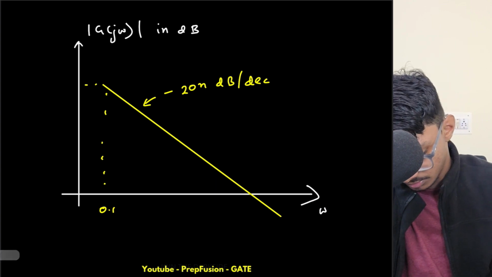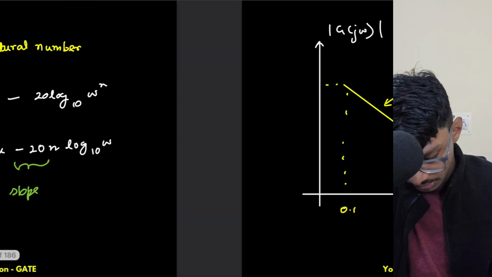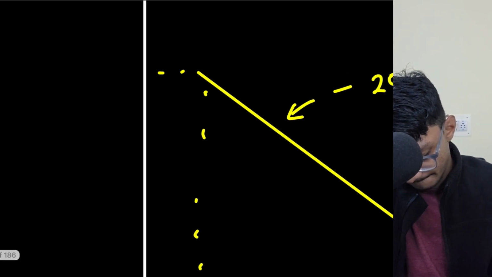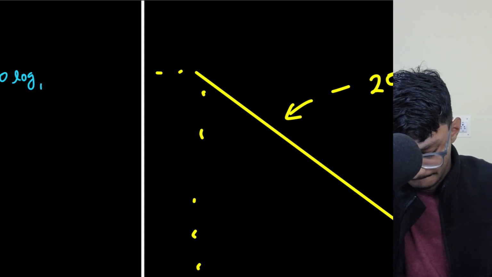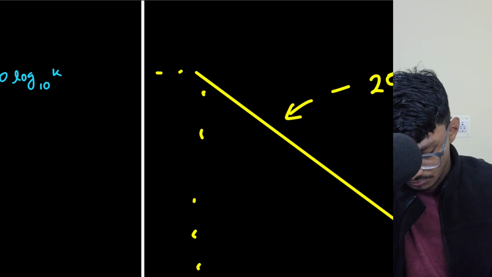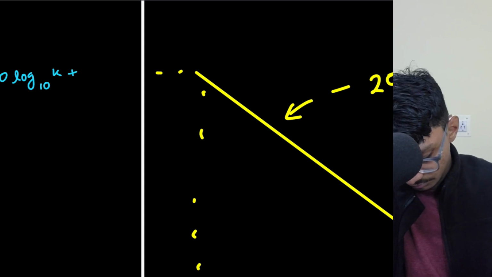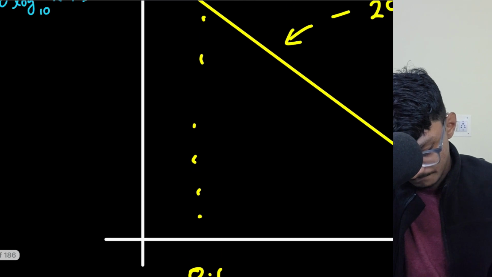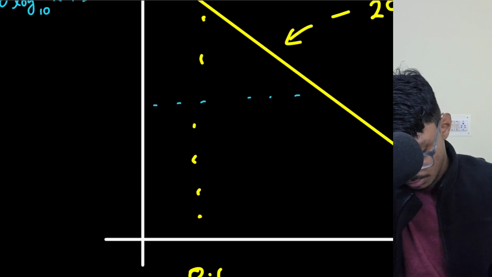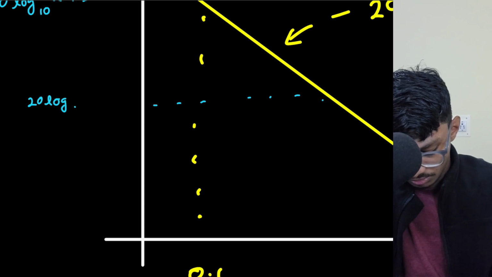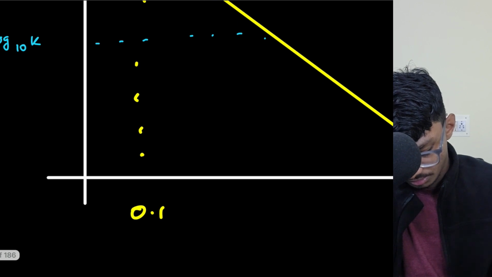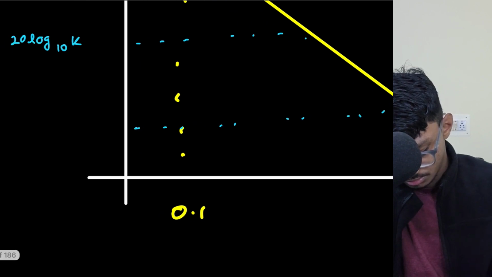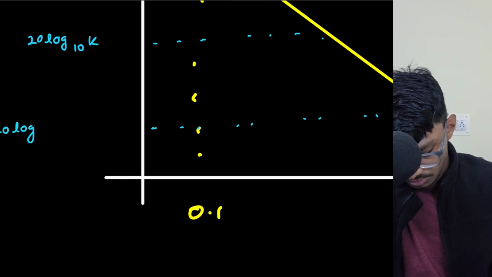Okay, so let me just do one thing. Let me write it in short. Plus 20n, this is 20 log base 10 k, and this is 20 log base 10 k minus 20n.